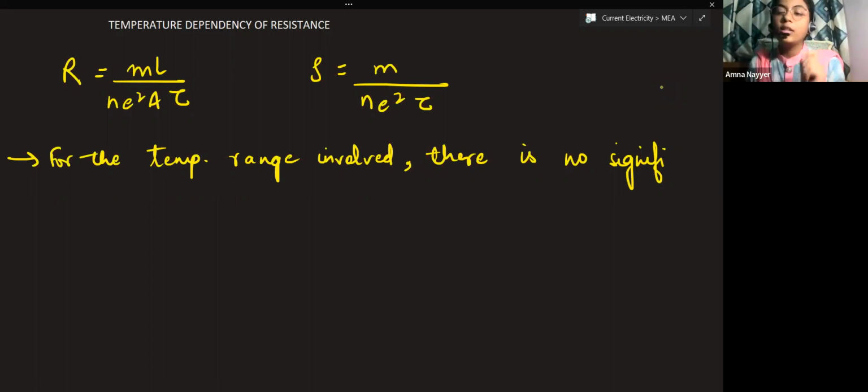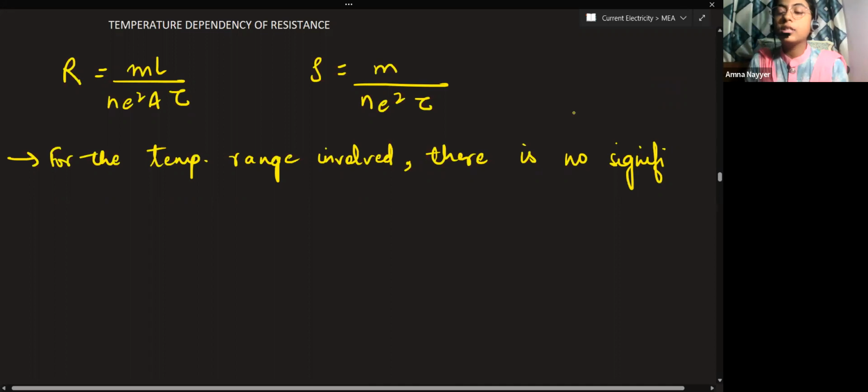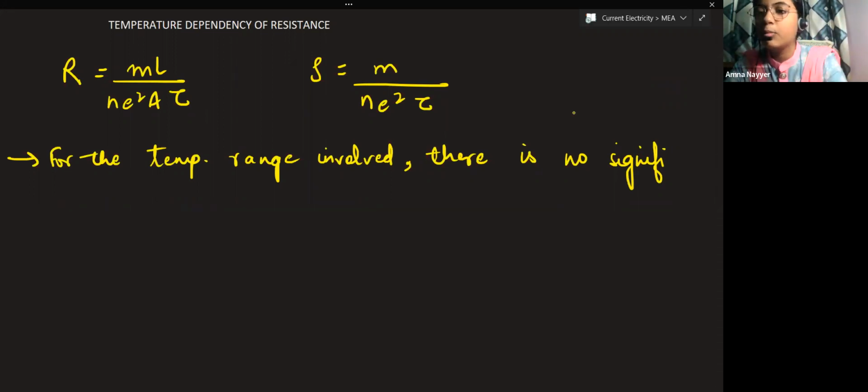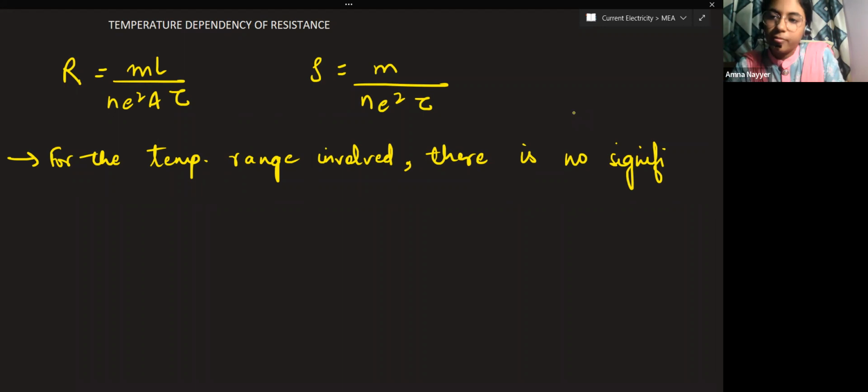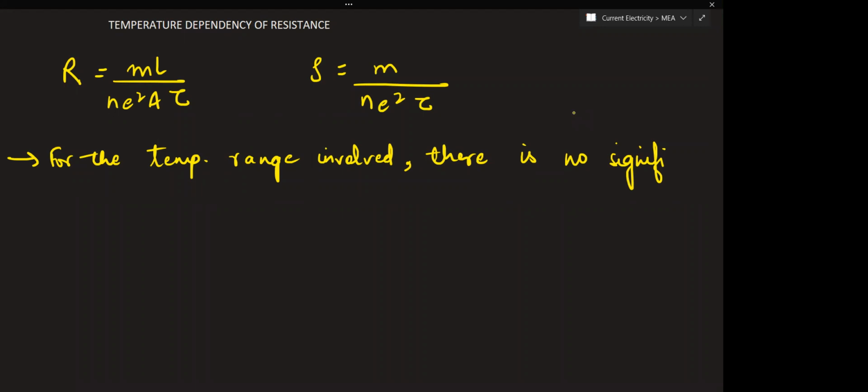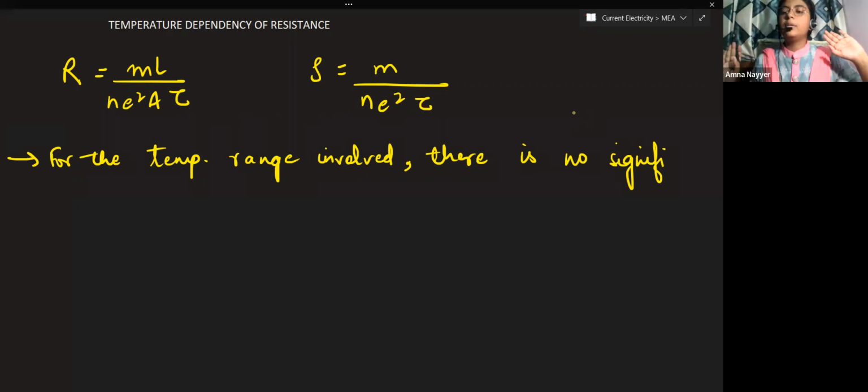Your length and your area of cross section. See, if resistance and resistivity are both like terms, why am I constantly referring to resistance as different from resistivity? Because of length and area only. Exactly. So if by any means your length and area will be the same, then resistance and resistivity will be the same.